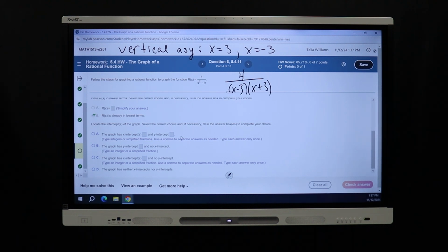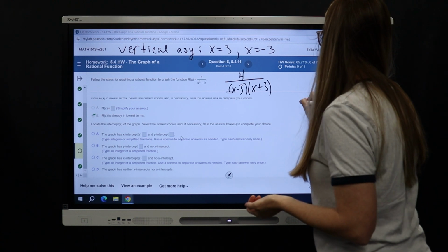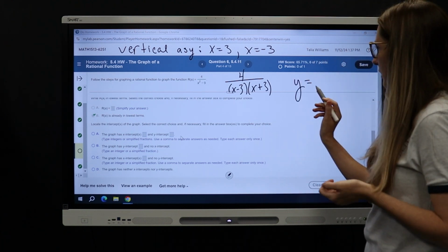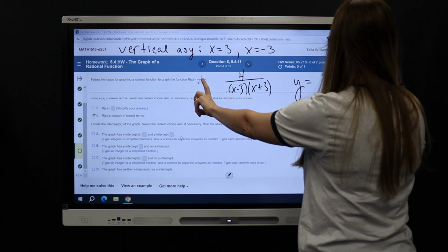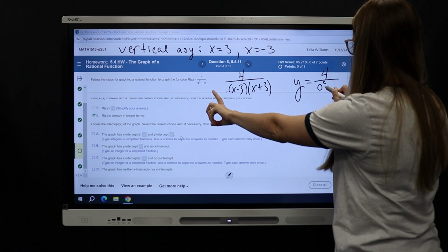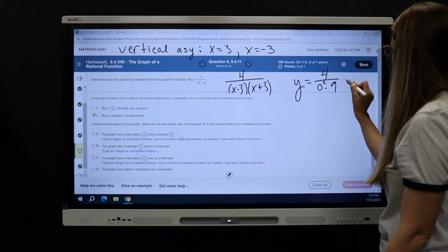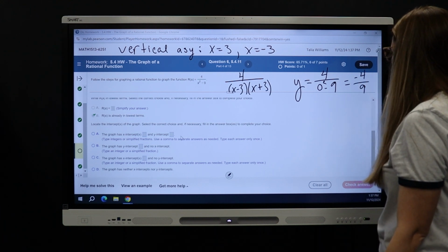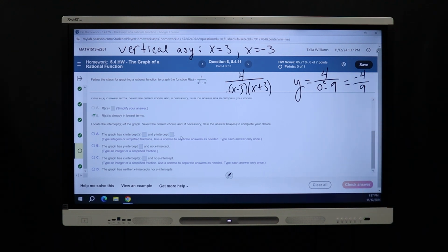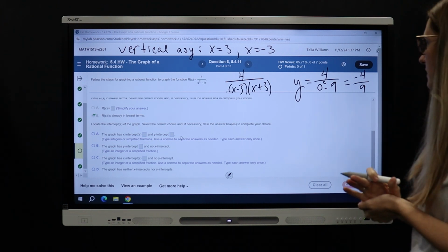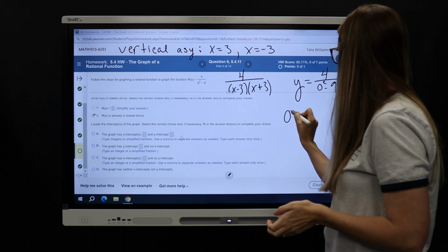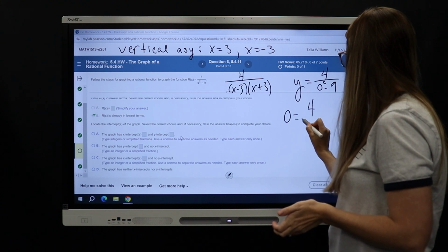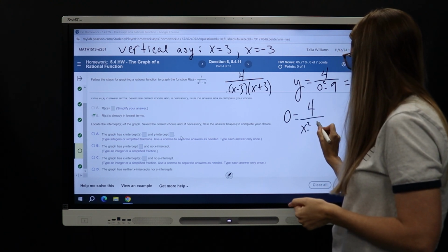X-intercepts and y-intercepts. So for the y-intercept, we set x equal to 0. I'm going to use this one. 0 squared minus 9, which is going to leave us with -4/9 as our y-intercept. Then when we do our x-intercept, we'd have 0 equals 4 over x squared subtract 9.